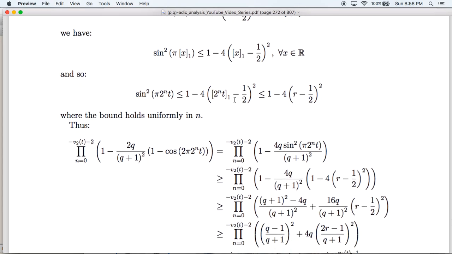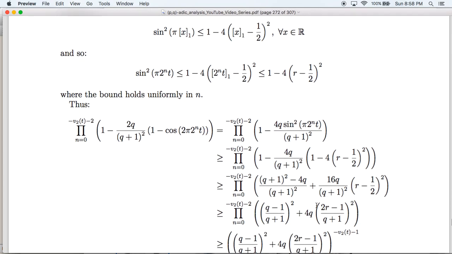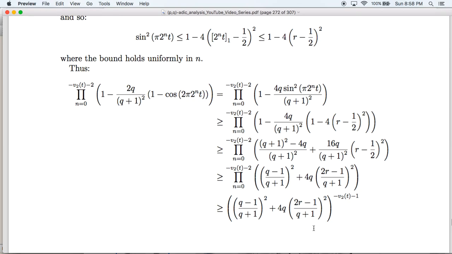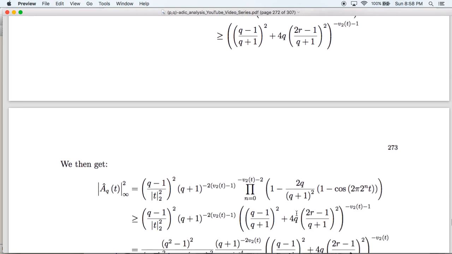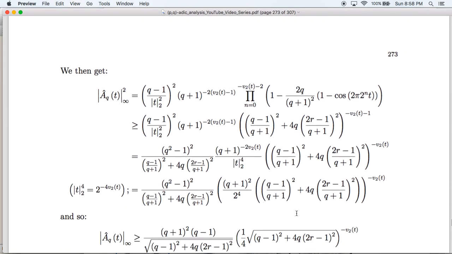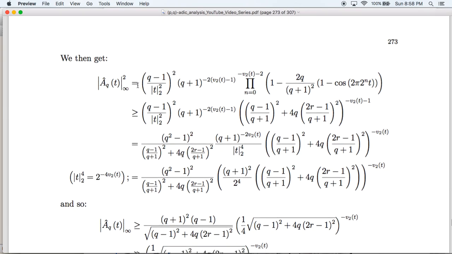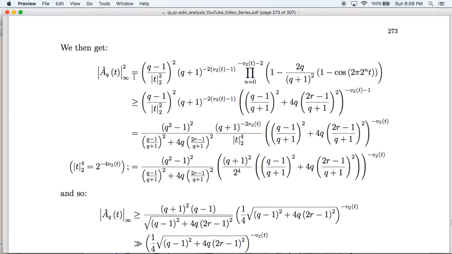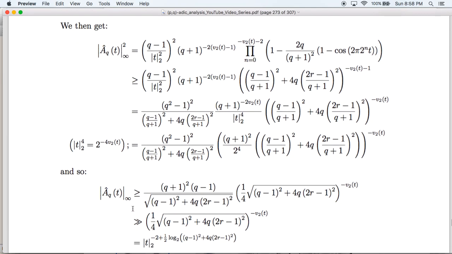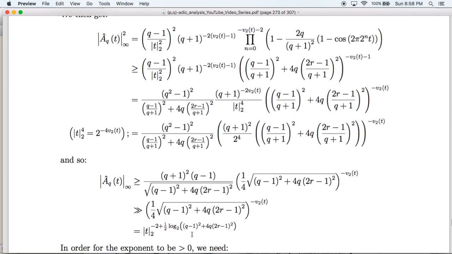Since this is a negative, this upper bound turns into a lower bound, and then we just do the arithmetic, and we end up with this fun expression. And so, lovely computations, we have that this thing is greater than or equal to this quantity. So we take the square roots, and then this is just going to be a constant multiple. This is right here. And so then rewriting this, that's the exponent.